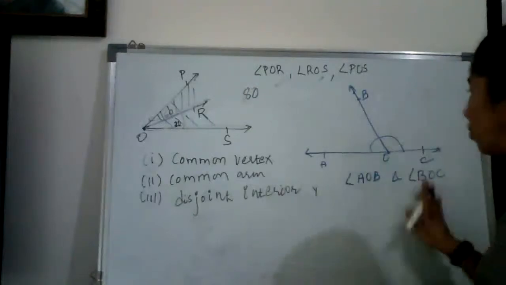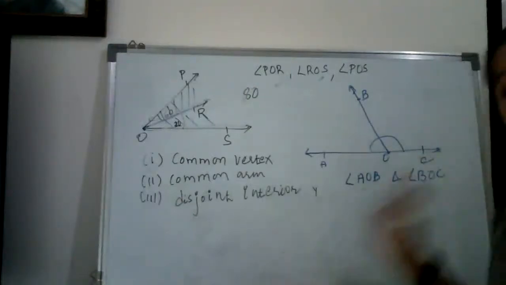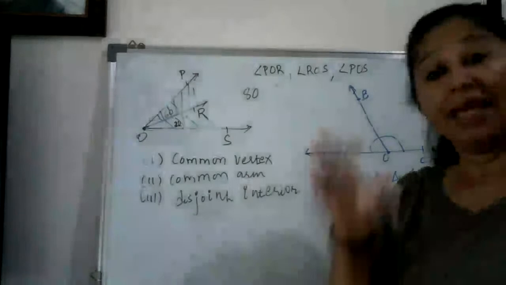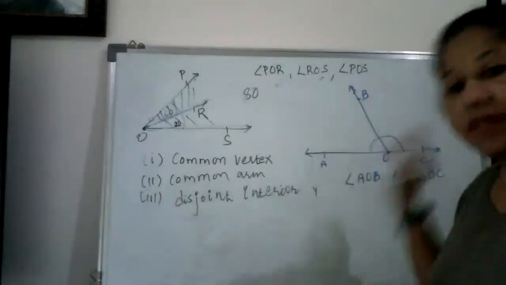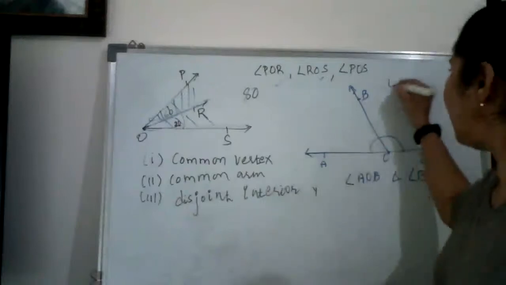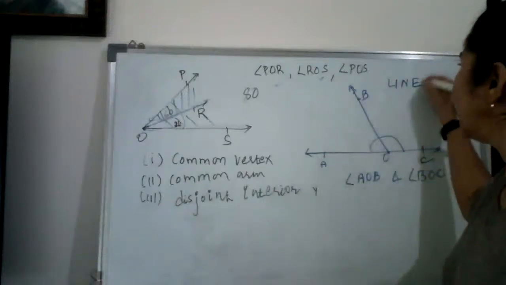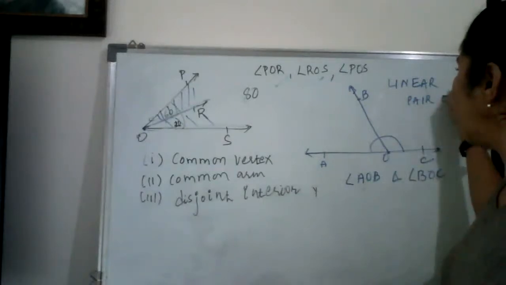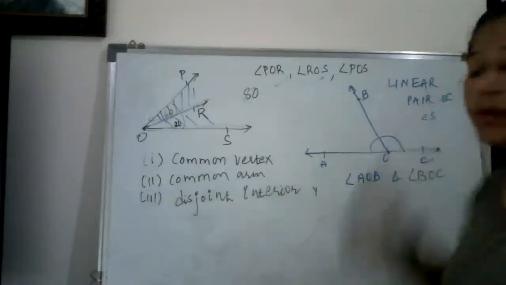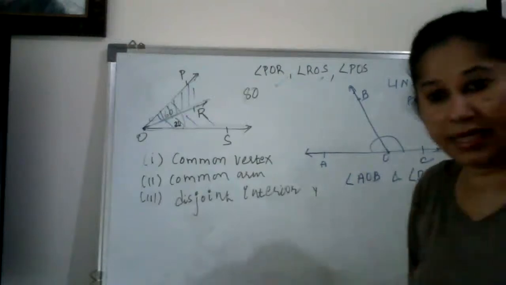So we could say these two angles are adjacent angles, and these angles are supplementary angles. Hence, the pair of angles which are adjacent as well as supplementary, we call them a linear pair of angles. Please remember, this is the most important concept we are going to connect with.